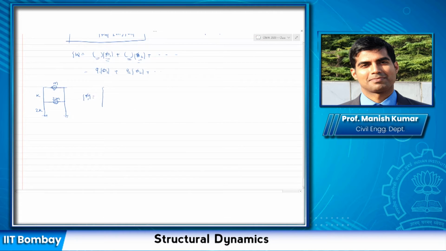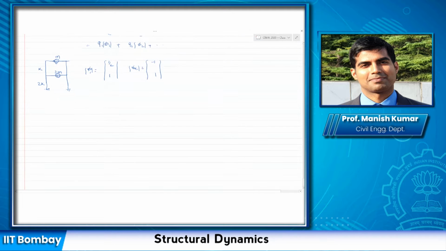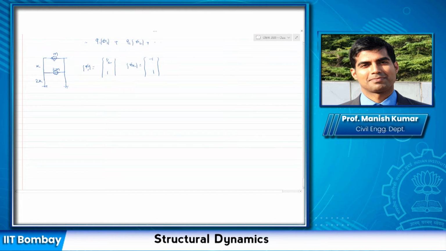The first mode shape was half and 1, and the second mode shape was -1 and 1. Now I tell you that the system undergoes some vibration due to ground motion or whatever, that is not important here. The total deformation is actually this.